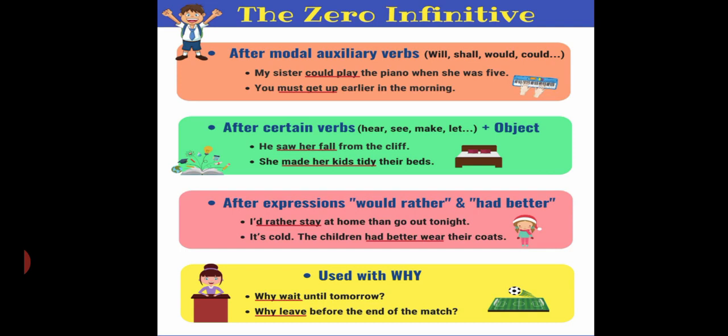As I said, after a modal auxiliary verb like may, can, should, would, could, will, shall, like you must get up earlier in the morning. After certain verbs like hear, see, make, let, plus the object. How? He saw her fall from the cliff. After expressions would rather and had better, like I'd rather stay at home than go out tonight. It's cold. The children had better wear their coats.